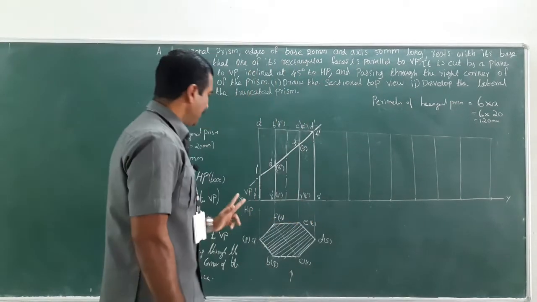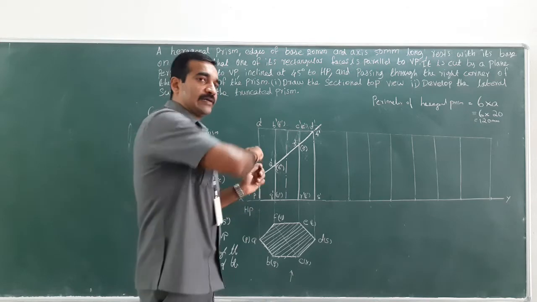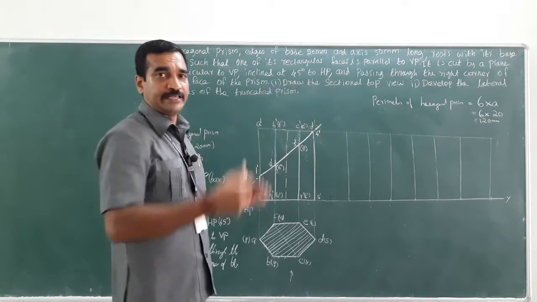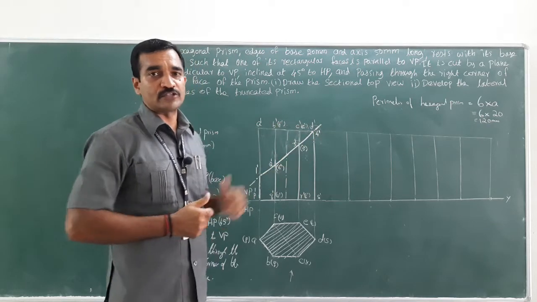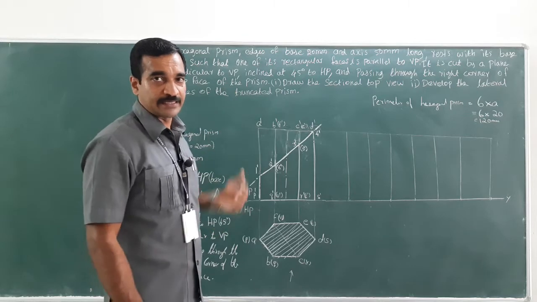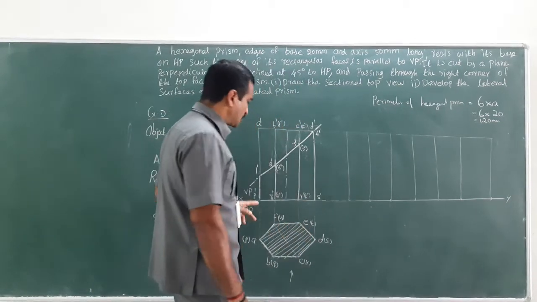Right. When you just open this, when you just cut in the extreme point and stretch it out or roll out or unfold it, you could see the development of the lateral surface of the truncated prism, that is a hexagonal prism, isn't it? Now, bottom base as mentioned as PQRS.